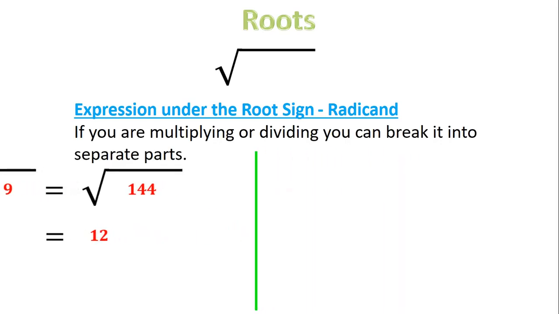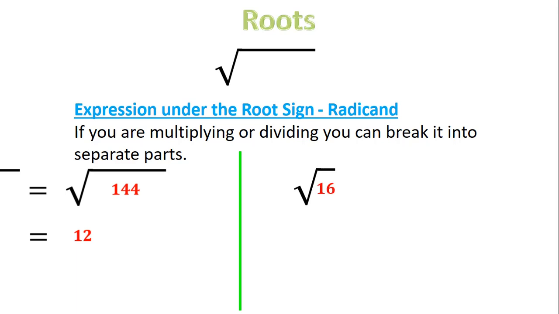Okay, so we have then the square root of 16 multiplied by the square root of 9. Well, the square root of 16 is 4 multiplied by the square root of 9, which is 3. 4 times 3 gives us 12. And so therefore we can see when we're multiplying, you can break it into its separate parts and you'll still get the same answer.